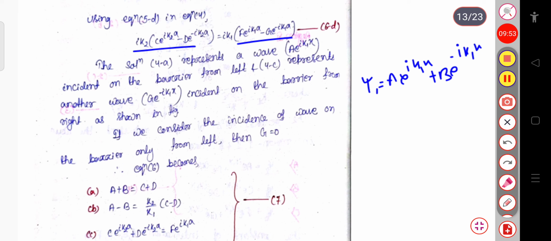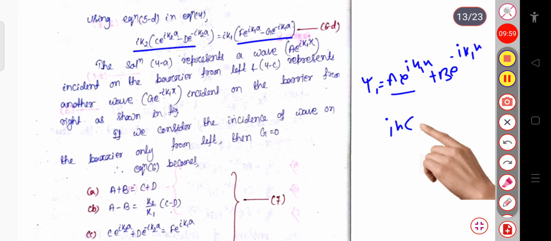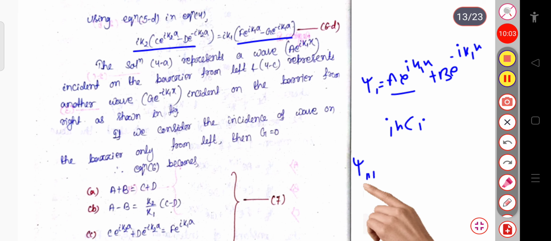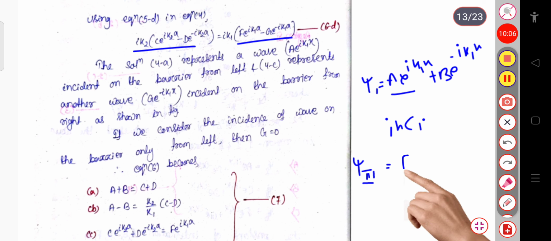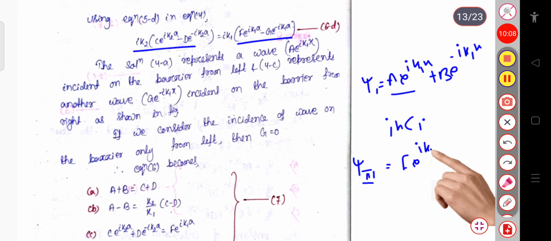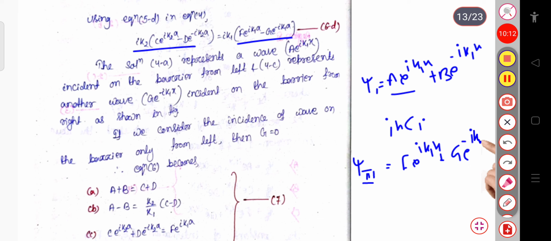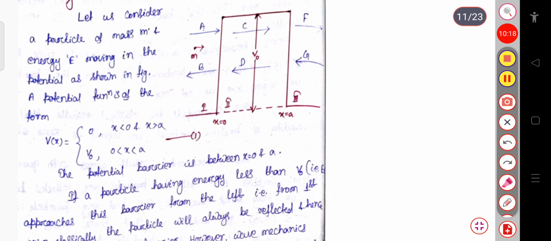Okay, so here a exponential iota k1x represents the incident wave, and here psi 3, if I let psi 3 equal to f exponential iota k1x plus g exponential minus iota k1x.